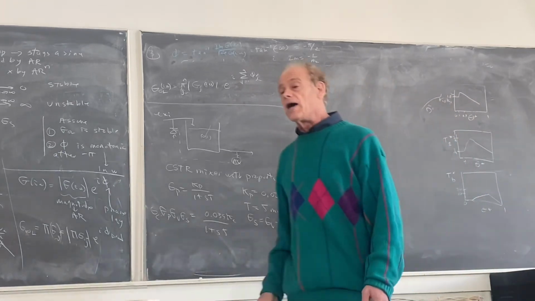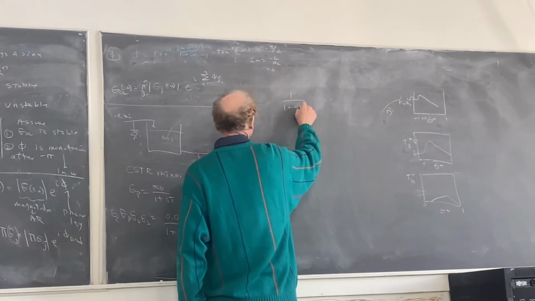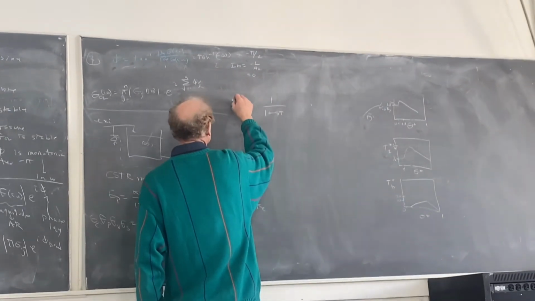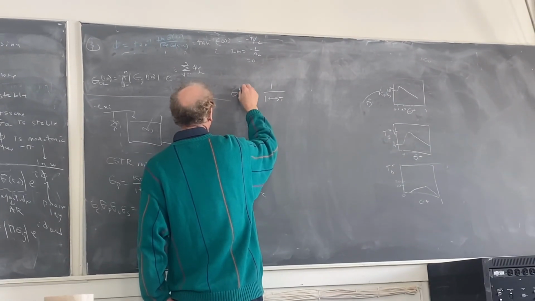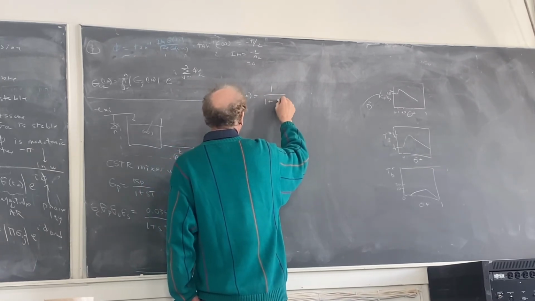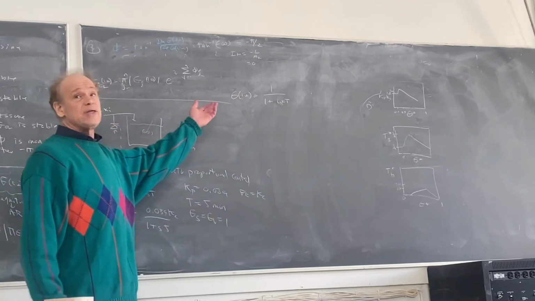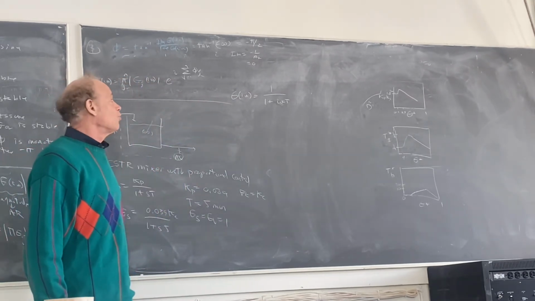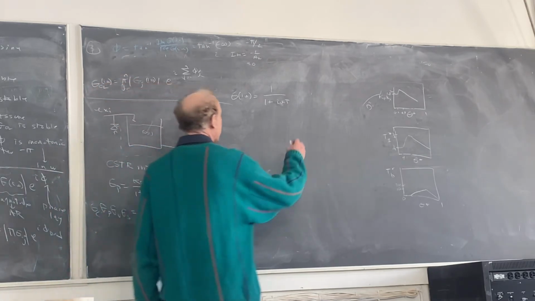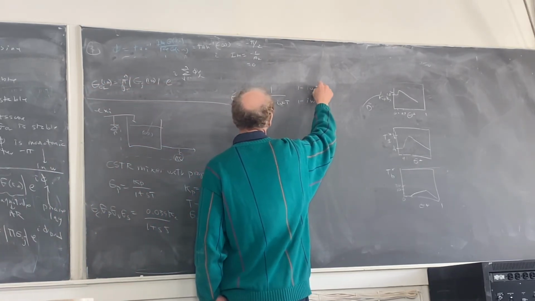So the Bode plot, if you remember, when I have 1 over 1 plus i omega tau, G of i omega is equal to 1 over 1 plus i omega tau. And in order to get the amplitude ratio and the phase lag, I have to multiply by 1 minus i omega tau over 1 minus i omega tau.